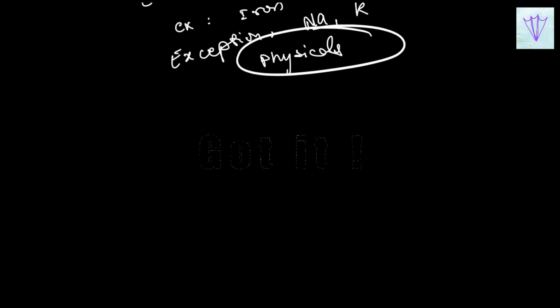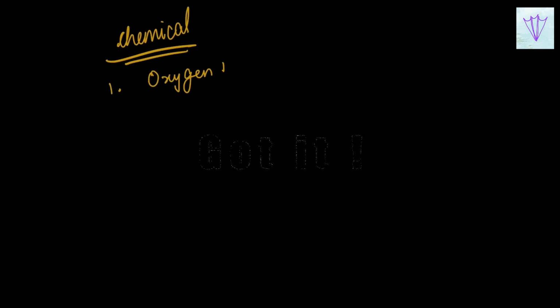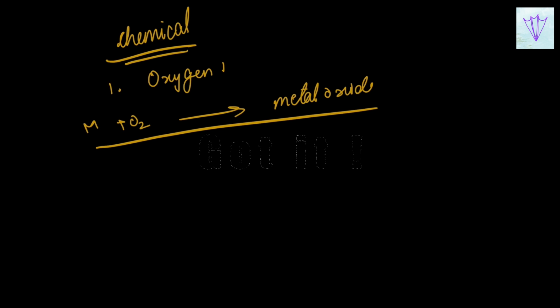Now we'll understand some of the chemical properties of metals. The first is the reaction of metals with oxygen. Most of the metals combine with oxygen to form metal oxide. So metal plus oxygen will give us metal oxide.